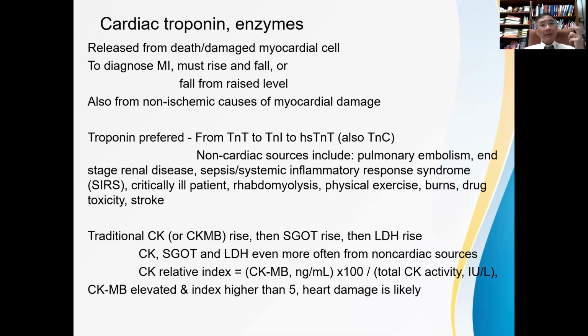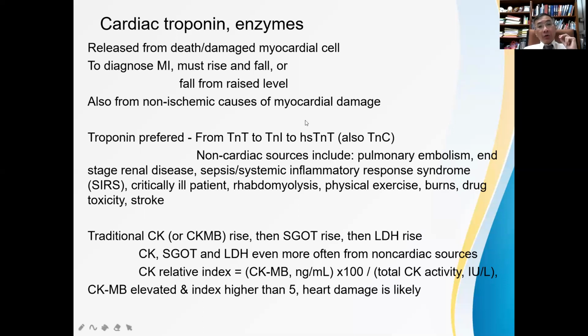If the myocardial cell is damaged or died, then it releases its enzymes, and if you want to diagnose a heart attack, a myocardial infarction, you must show that the enzymes rise and then fall, or they begin at a high level and then they fall over a period of time. A dynamic change in cardiac troponin or enzyme level will diagnose a patient with a heart attack.